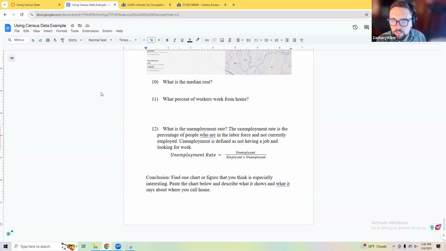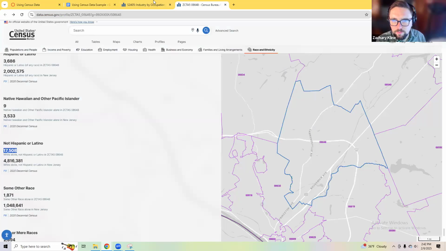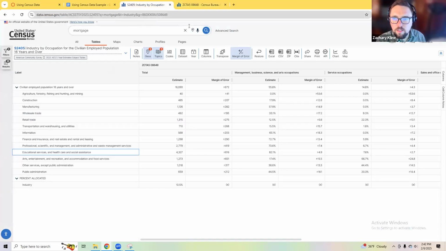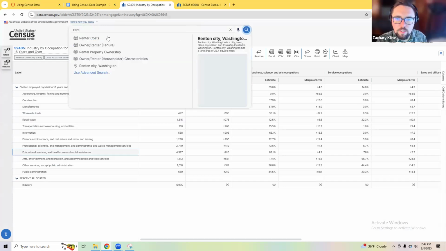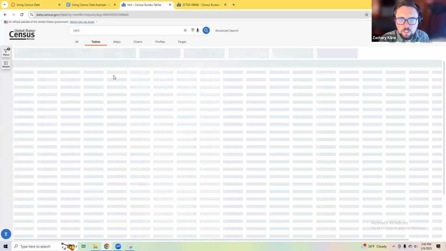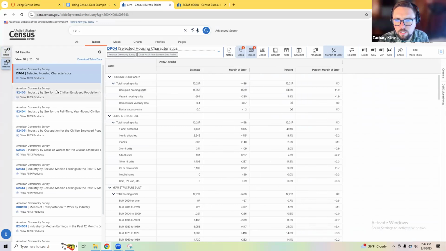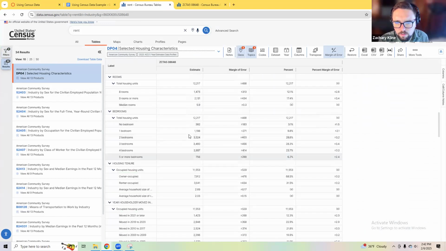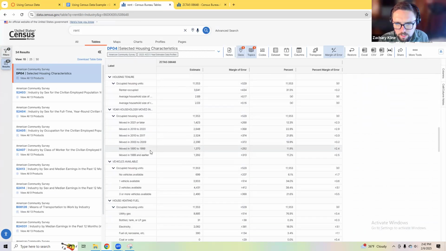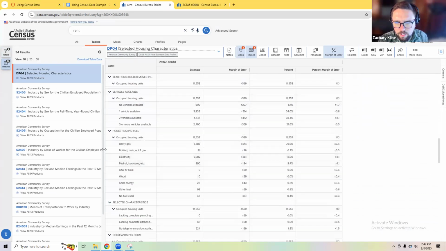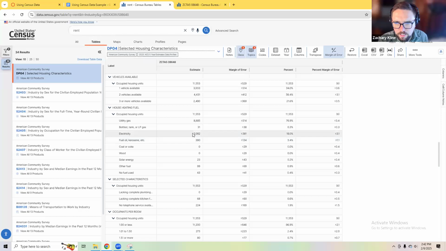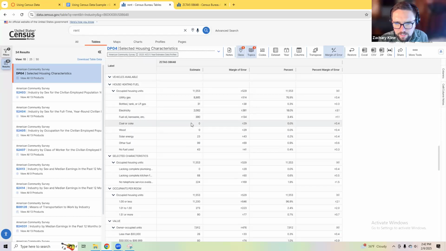All right. Let's find the median rent. And we'll come back here. We'll try to search, see if rent will give us much. Housing characteristics, okay. Rooms, bedrooms, housing tenure, when they moved in, how they get their house heated, electricity, gas.